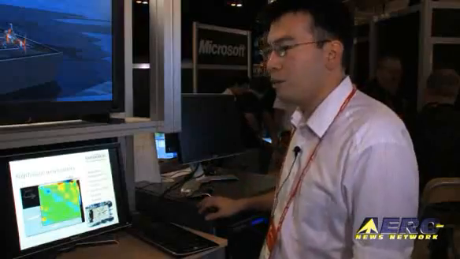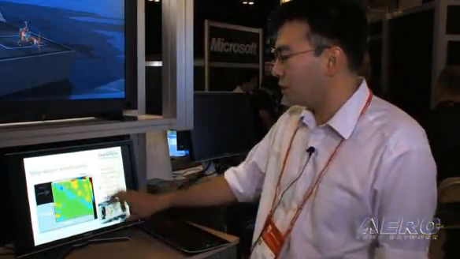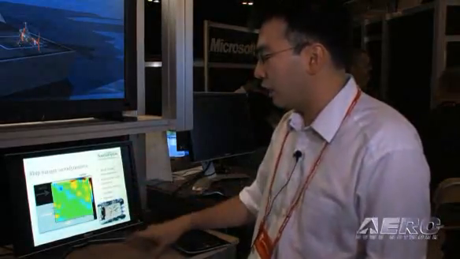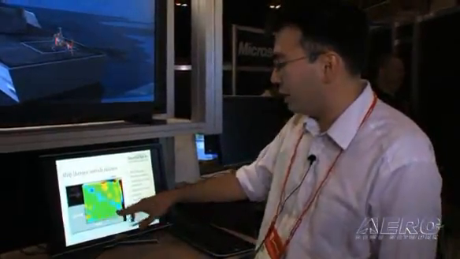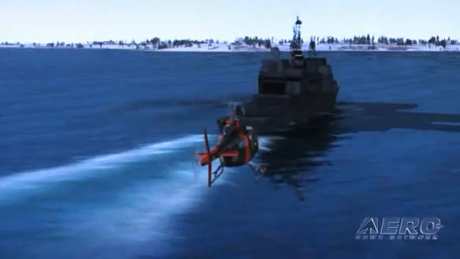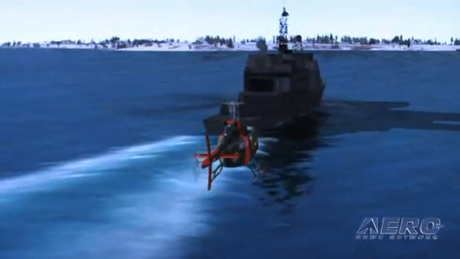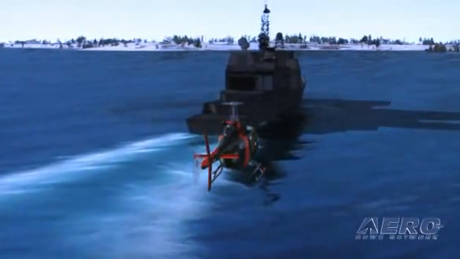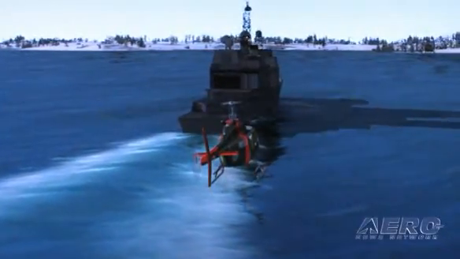Okay, so what we're trying to do is simulate the flow over the back of the ship. So this diagram shows us a cross-section of the back of something like a frigate, and we've got the ship deck here, we've got the hangar, and the flow is coming from left to right, and we get a big bubble basically behind the hangar, and what happens is as the helicopter rotor comes down, it disturbs this flow, and it's very complicated, and that interaction actually buffets the helicopter.